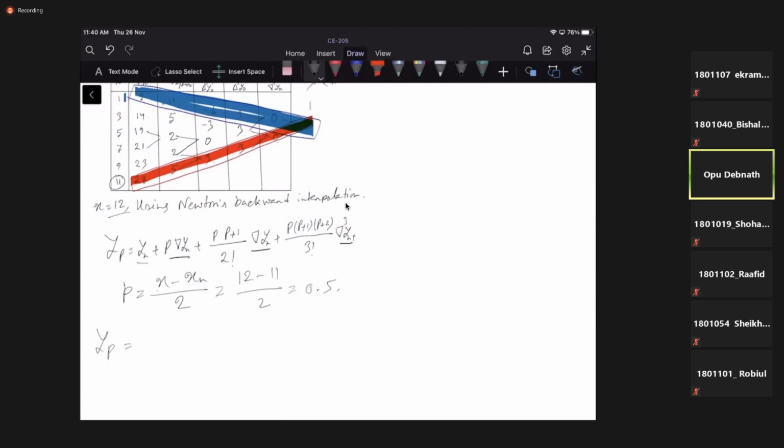So p is equal to 0.5. y, this yn is equal to the last term 28 plus p, that is 0.5 multiplied by nabla yn, that means 5, plus 0.5 into 0.5 plus 1 divided by 2 factorial multiplied by nabla square yn, that means 3.